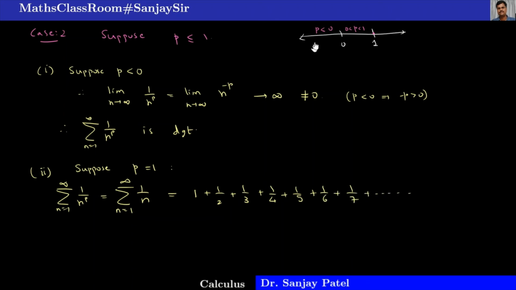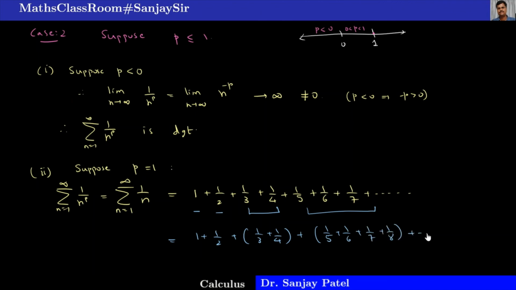This we can group in this way: the first two terms as it is, then I am taking these two terms, then 5, 6, 7, 8, and then so on. So this is equal to 1 plus 1 by 2 plus 1 by 3 plus 1 by 4 plus 1 by 5 plus 1 by 6 plus 1 by 7 plus 1 by 8 and so on.